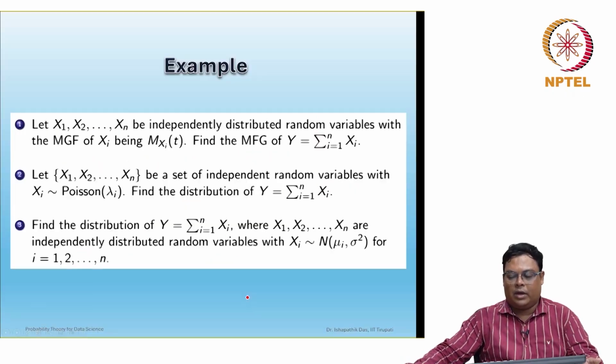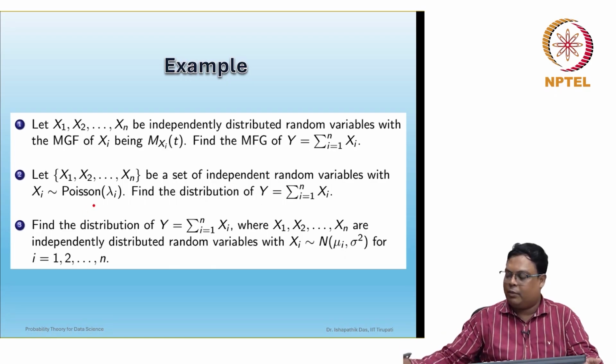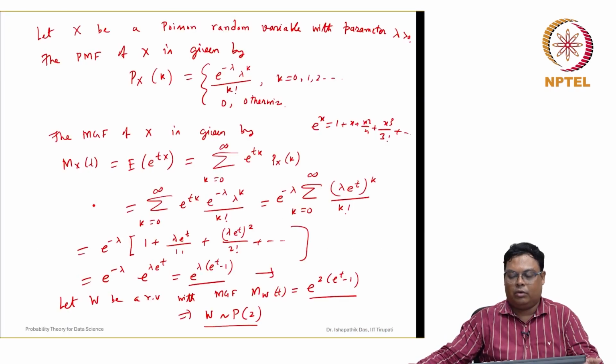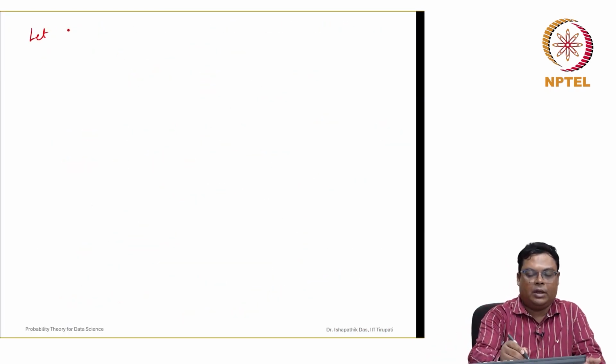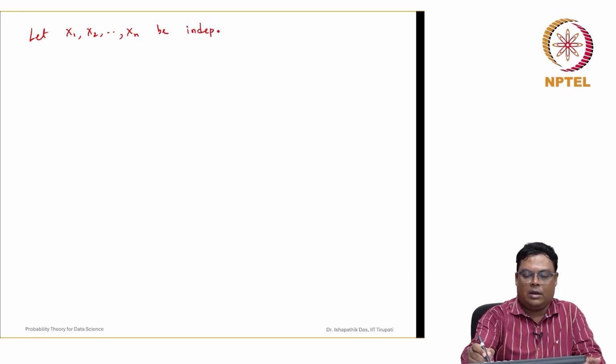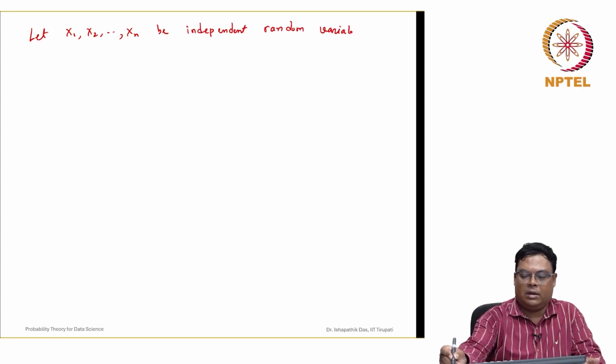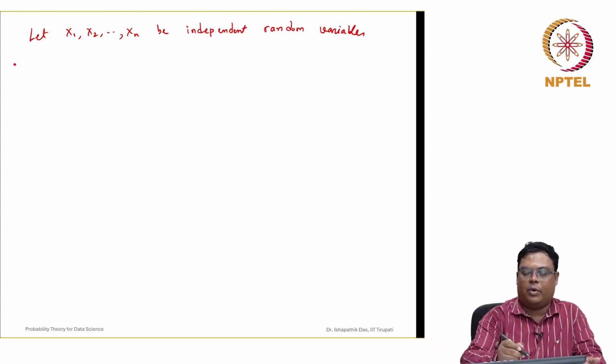Now we will see this problem. Here we have to find the distribution of Y. First of all, let X1, X2, ..., Xn be independent random variables, where each Xi has a Poisson distribution with parameter lambda_i for i equal to 1 to n.